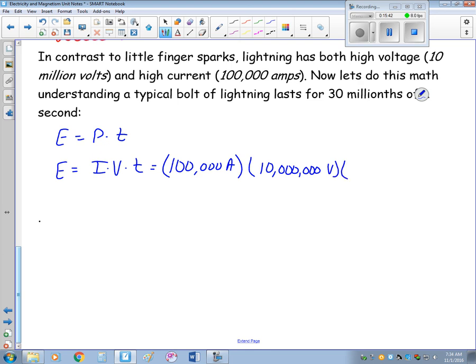Now the time for a lightning bolt is 30 millionth of a second, so that's 1 divided by 30 million seconds. That means that the energy during a lightning bolt is 33,000 joules. That comes out to right around 8 food calories.